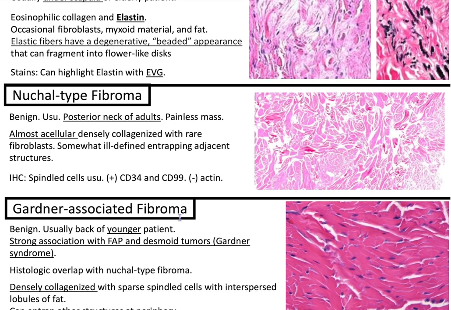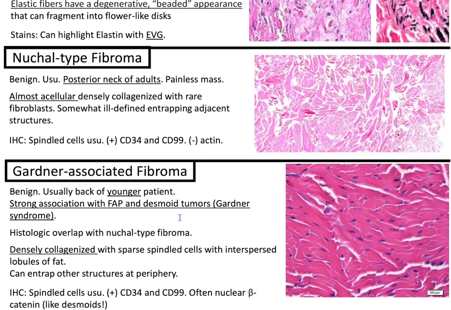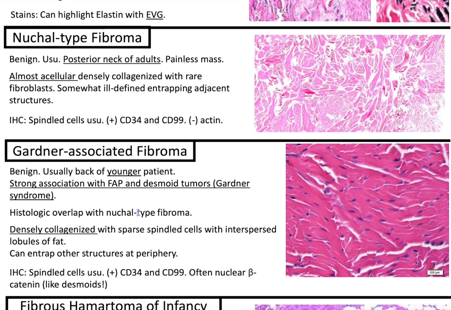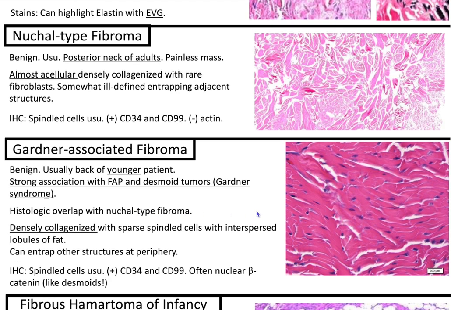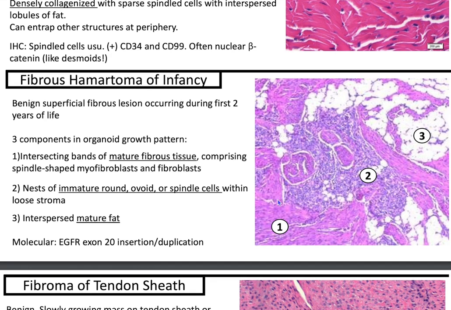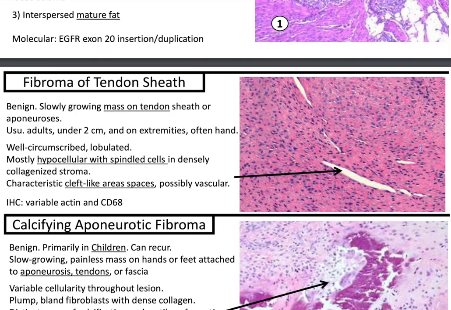Gardner-associated fibroma also has histologic overlap with nuchal-type fibroma. It's associated with FAP and desmoid tumors. Fibrous hamartoma of infancy, you'll have this organoid growth pattern with intersecting bands of mature fibrous tissue, nests of immature round, ovoid or spindle cells, and interspersed mature fat.